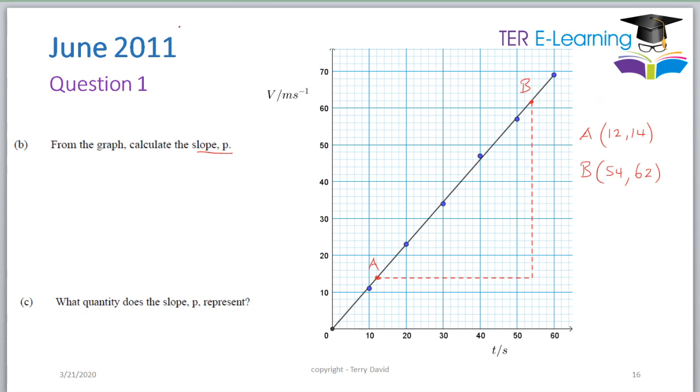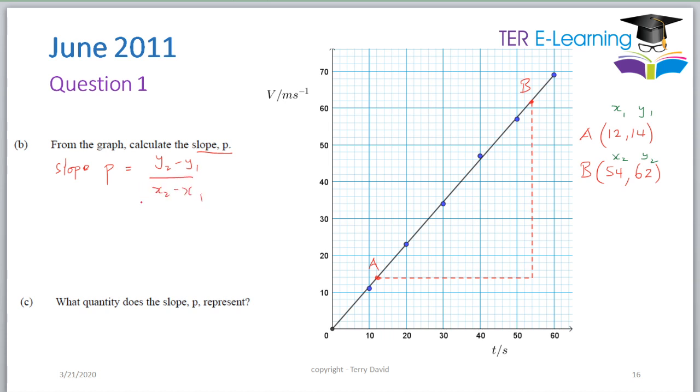Now, in class, I told you all when you want to use the formula to find slope, once you write down the two coordinates, please label them. So this is x1, y1, and this here is x2, y2. The formula for slope or gradient, in this case I call it P, is equal to y2 minus y1 over x2 minus x1.